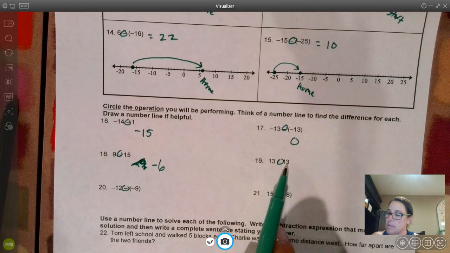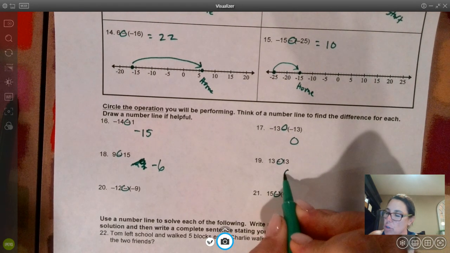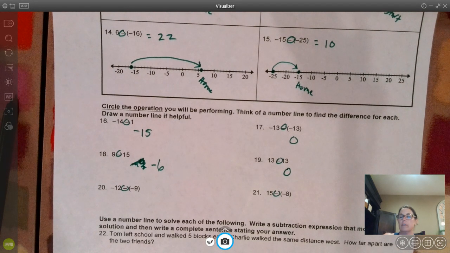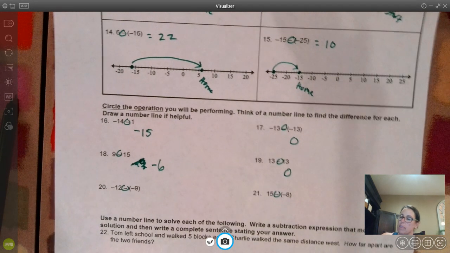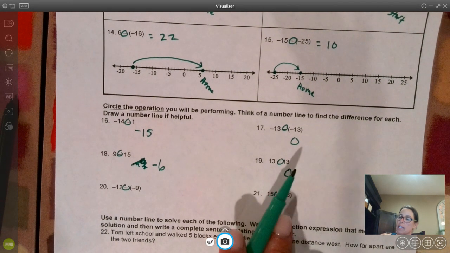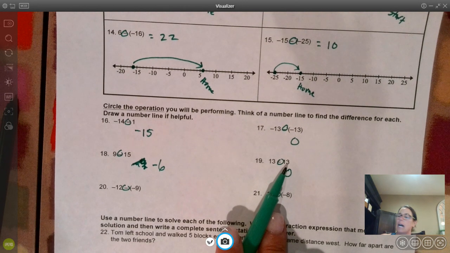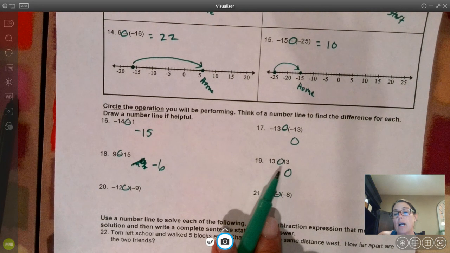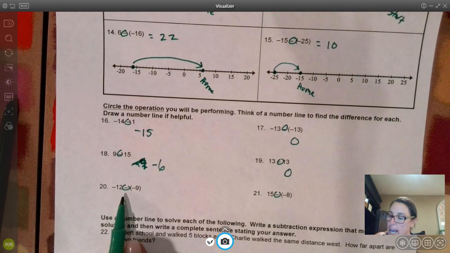All right, this guy. 13 minus 13. Well, we know from 1st grade that that's nothing. Okay, if I put 13 on a number line and another 13 on a number line, I wouldn't need to go anywhere to be able to get back home. Okay, all right, this guy. Negative 12 minus negative 9.